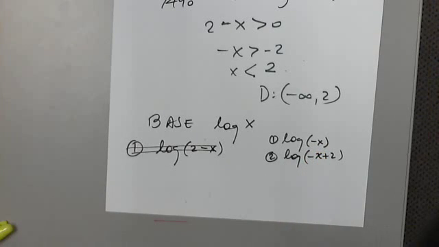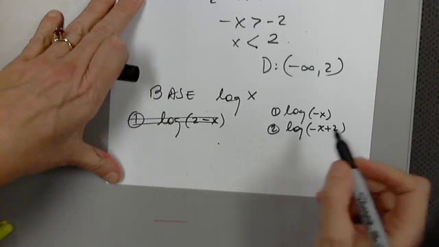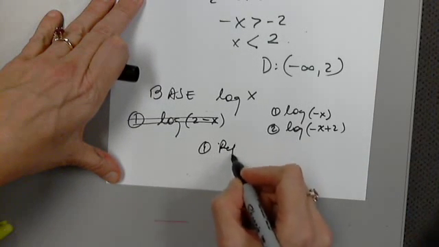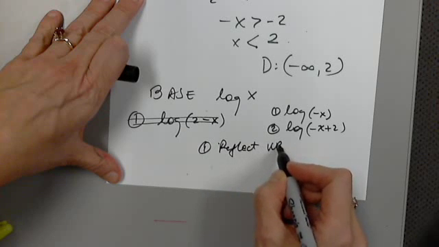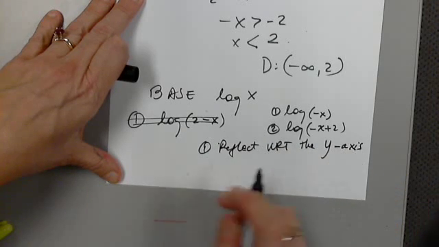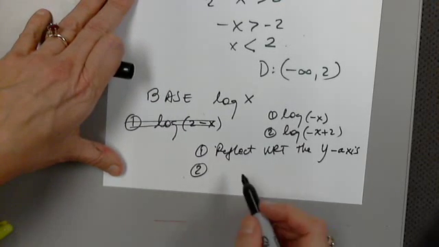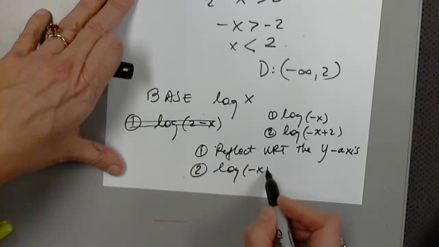Flipping, so x and negative x. It's a reflection with respect to the y-axis. Very good. So number 1, reflect with respect to the y-axis. Number 2 will be log of negative x plus 2.